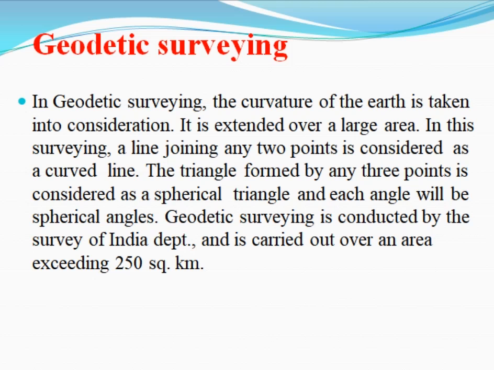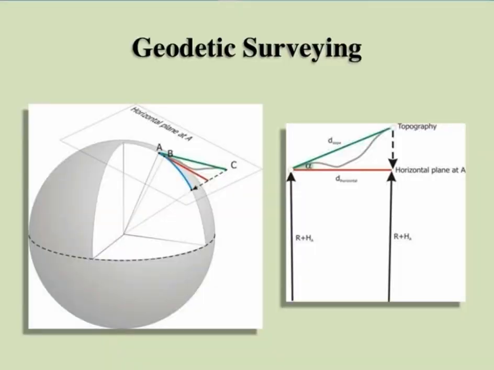These types of survey are conducted by Survey of India department over the whole country, or where the area is more than 250 square kilometer. Then you can see here the diagram of geodetic surveying.